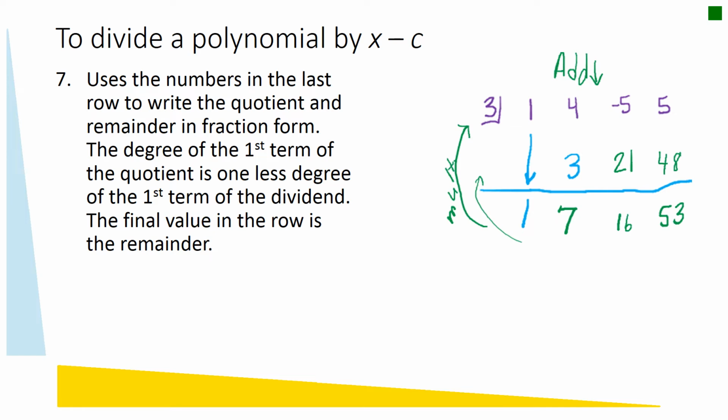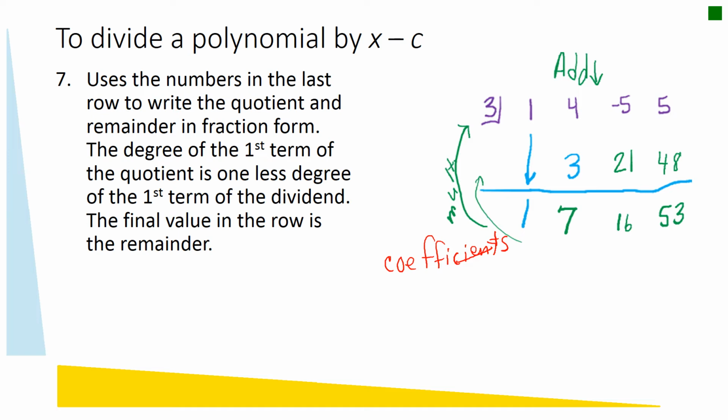The final step then is to write our answer. We're going to use the numbers in the last row to write the quotient and the remainder in fraction form. So our coefficients are going to be here. These are the coefficients of our quotient. And the degree of that first term is going to be 1 less than the first term of the dividend.